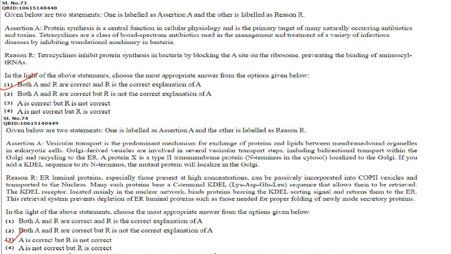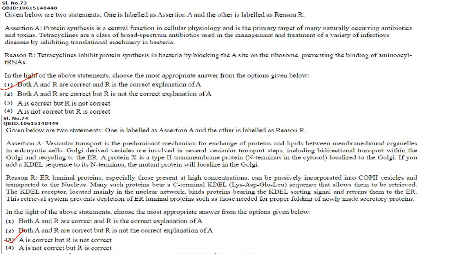If you add KDEL sequence to its N-terminus, the mutant protein will localize in the Golgi. They have told that if you add a KDEL sequence to its N-terminus, the mutated protein will be found in the Golgi, else it will be transported to the endoplasmic reticulum.